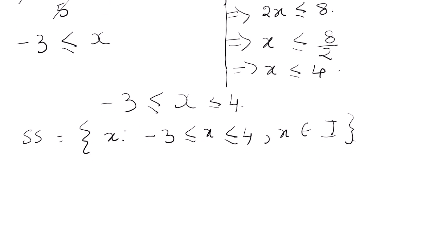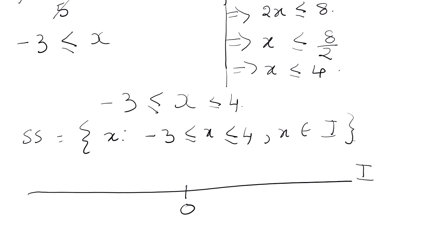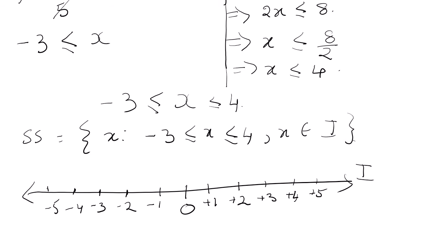Okay, so the number line. 0, this is integers, plus 1, plus 2, plus 3, plus 4, plus 5 here, minus 1, minus 2, minus 3, minus 4, minus 5.